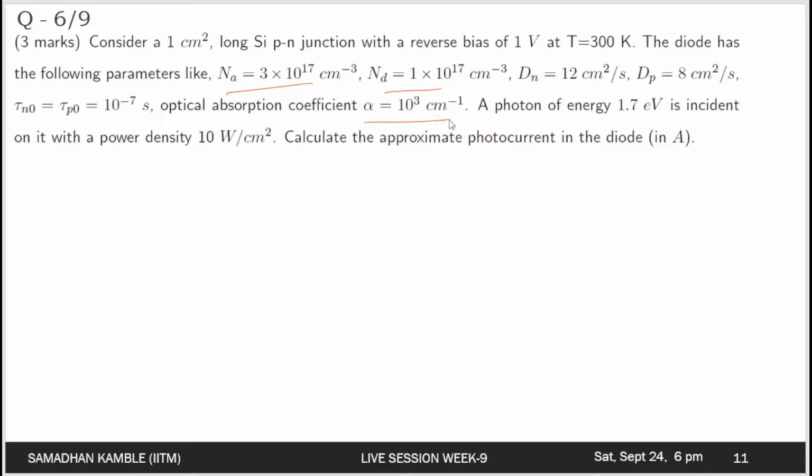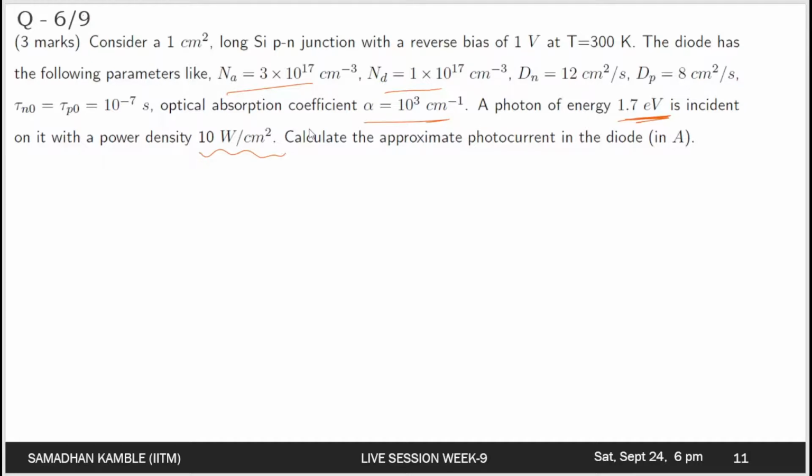Optical absorption coefficient is also given. Now a photon of energy about 1.7 electron volt is incident on it with a power density of 10 watt per centimeter squared, and calculate the approximate photocurrent in the diode in ampere.